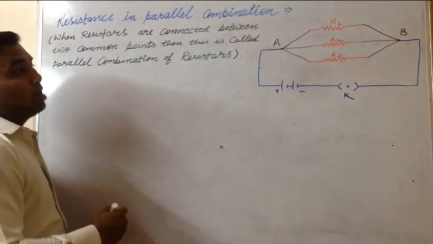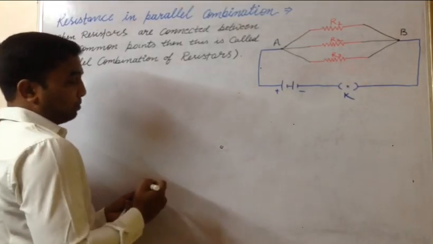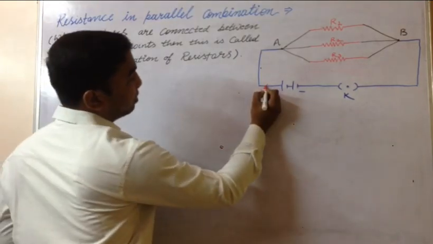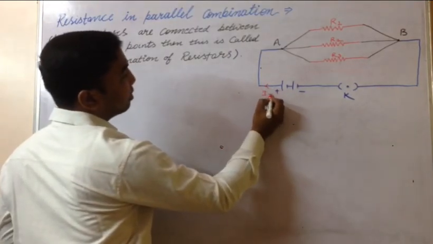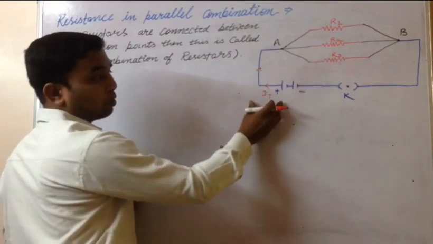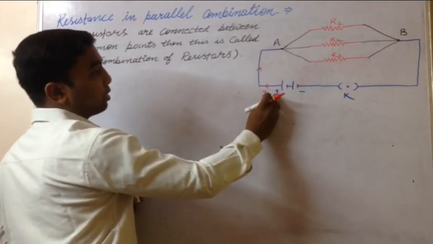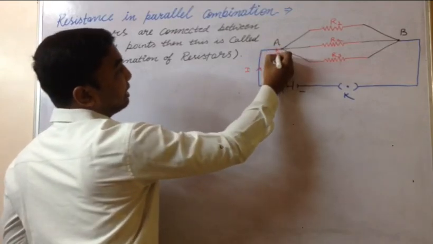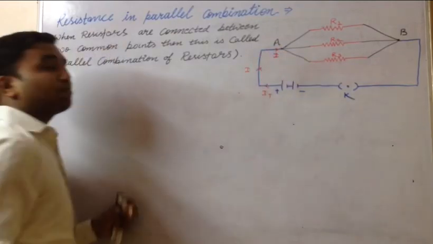Okay, fine. So now you see what current is flowing here. Current will start from here, IT you can say. This is the total current. Total current is passing from here. The same current is going here. The current reaches here. Then what would happen?